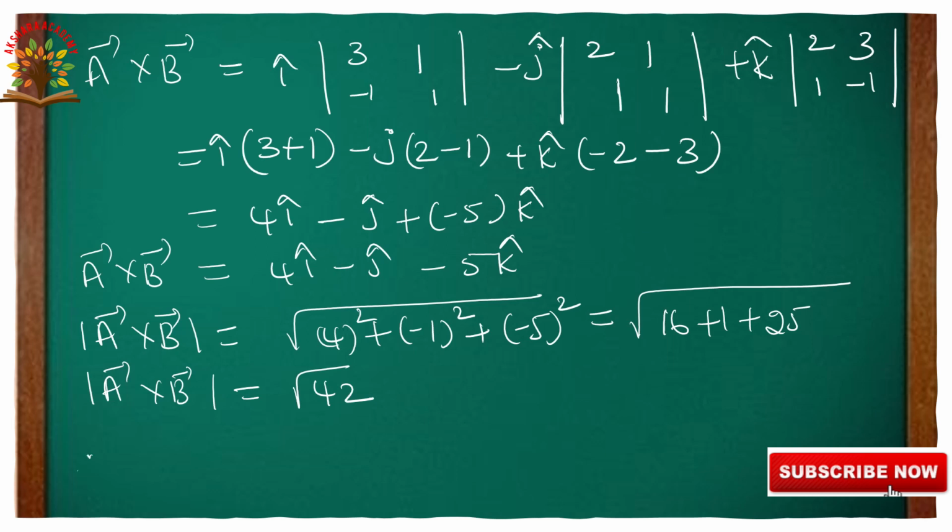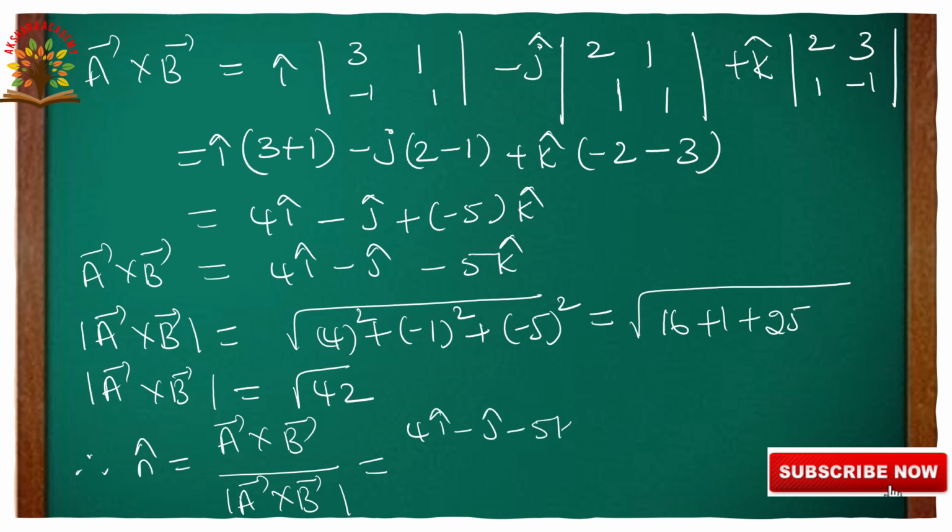Therefore n cap is equal to a bar cross b bar by modulus of a bar cross b bar, which is 4 i cap minus j cap minus 5 k cap by root 42. This is the final answer.